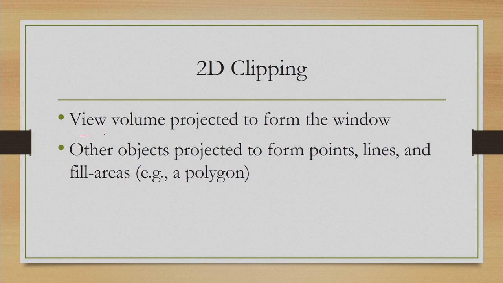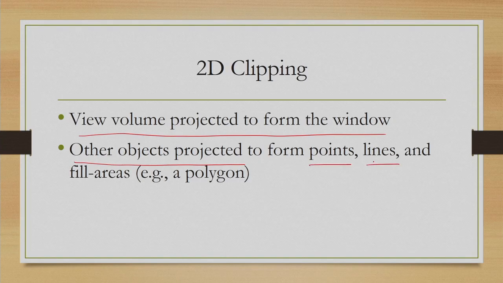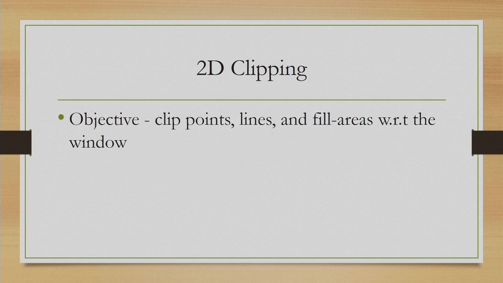The view volume is projected to form the window, and other objects are projected to form points, lines and fill areas such as polygons.